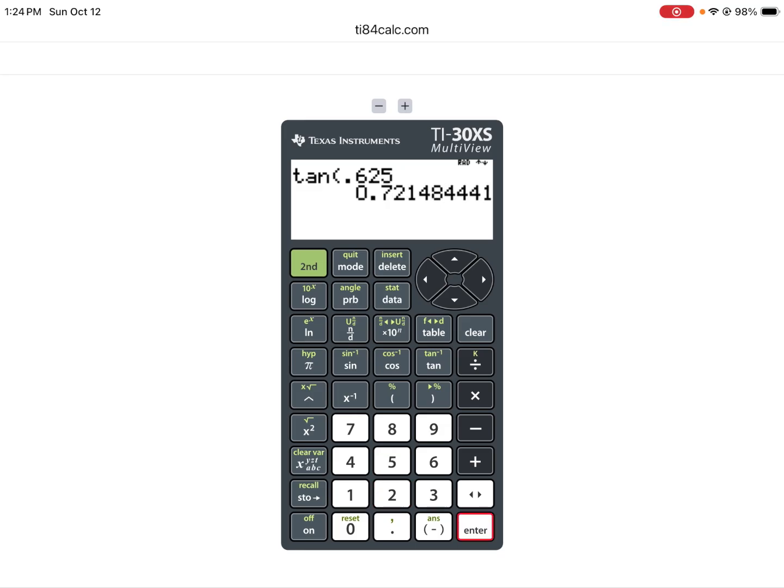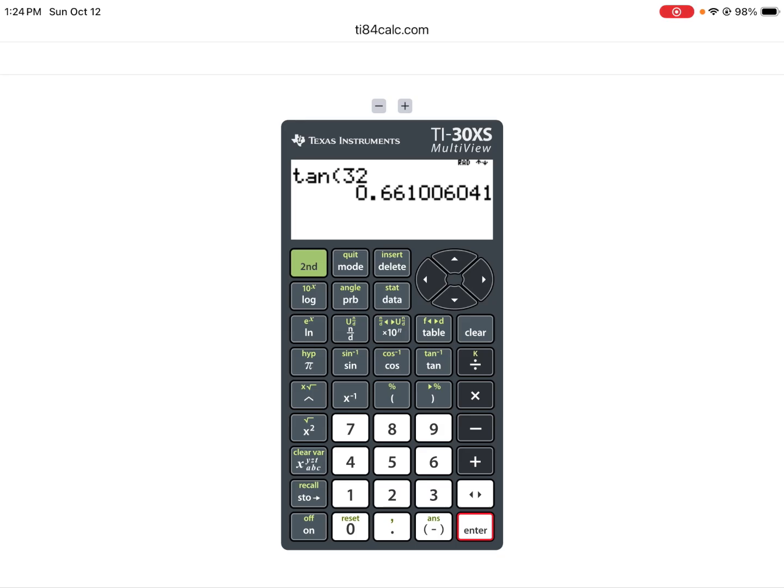That wasn't what we were looking for, was it? Oh, 32 degrees, sorry. Let's clear that out. Tangent of 32 is, why do I have 0.66? I think it's supposed to be 0.625.